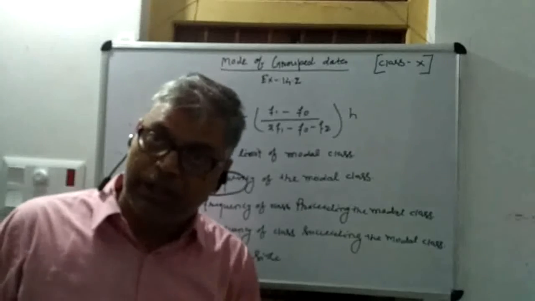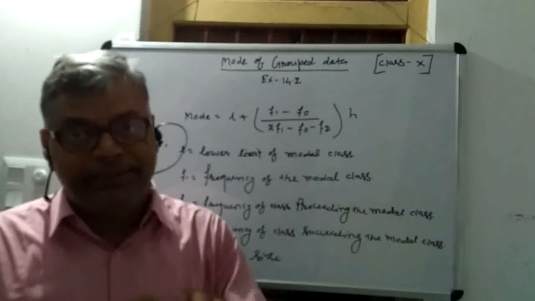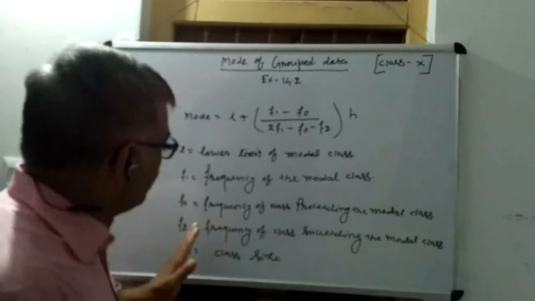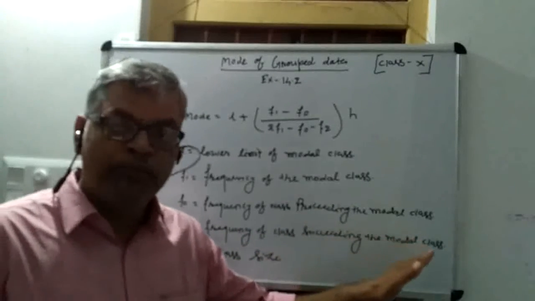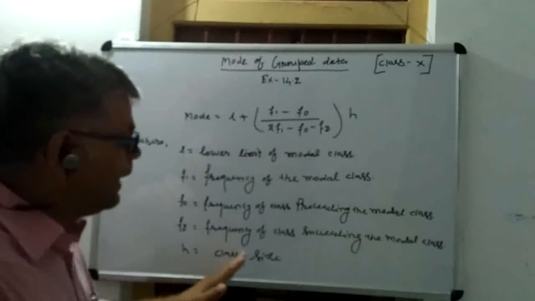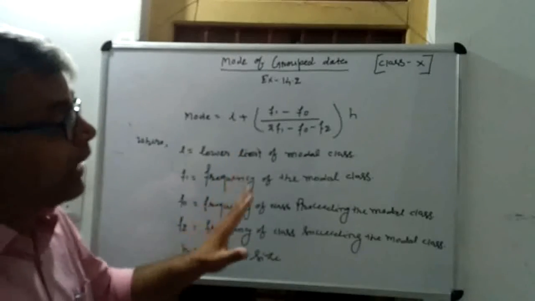Preceding means before and succeeding means after. H is obviously the class size.